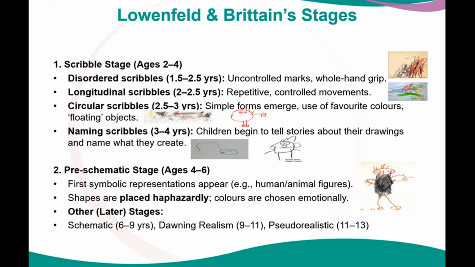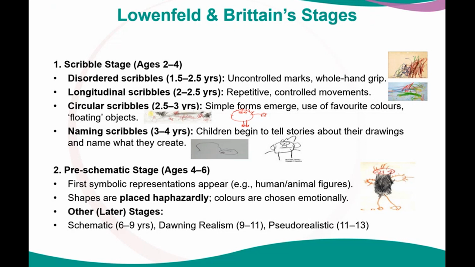And then we're looking at circular scribbles. This is young children ages 2.5 to 3. There is further exploring of controlled motions, demonstrating the ability to do more complex forms. In this sub-stage, children often do the following. They use colors unrealistically and tend to use their favorite colors.